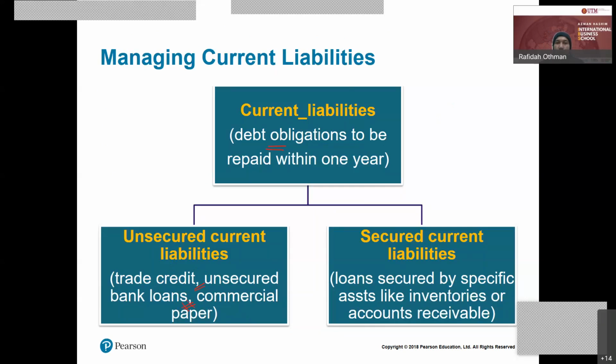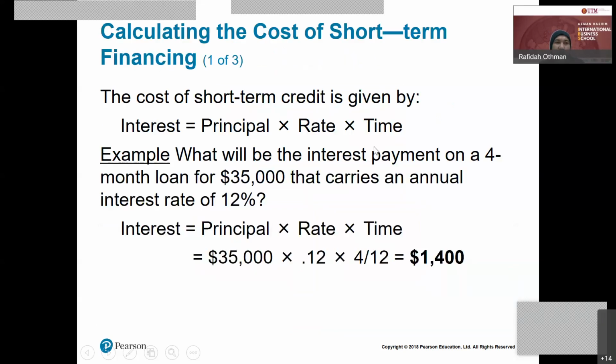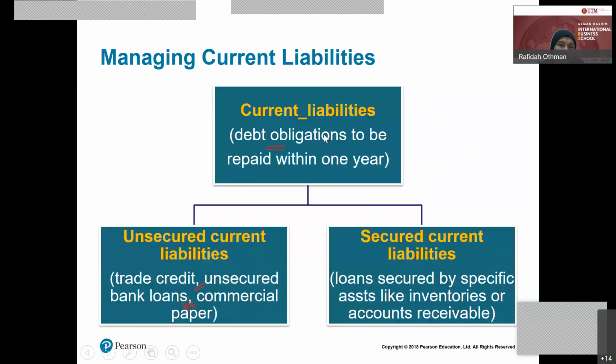So how do you do this? You need to know what the interest payable is on the loan. This is on the financing part. When you deal with your unsecured current liability, you are going to deal with these bank loans.